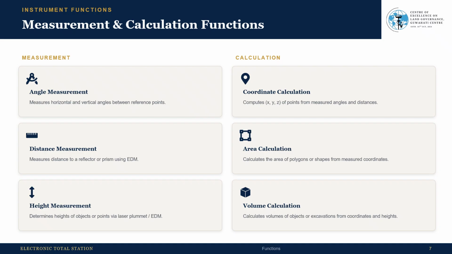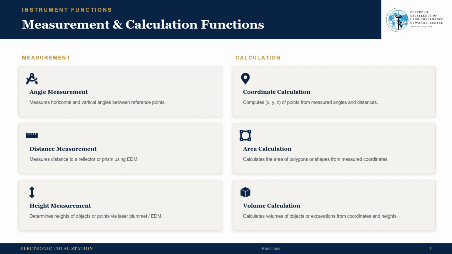An electronic total station is much more than a distance measuring instrument. It performs a range of measurement and calculation functions. It measures horizontal and vertical angles between reference points. Using EDM, it measures the distance to the target or prism. It can also assist in determining the height of points or objects.